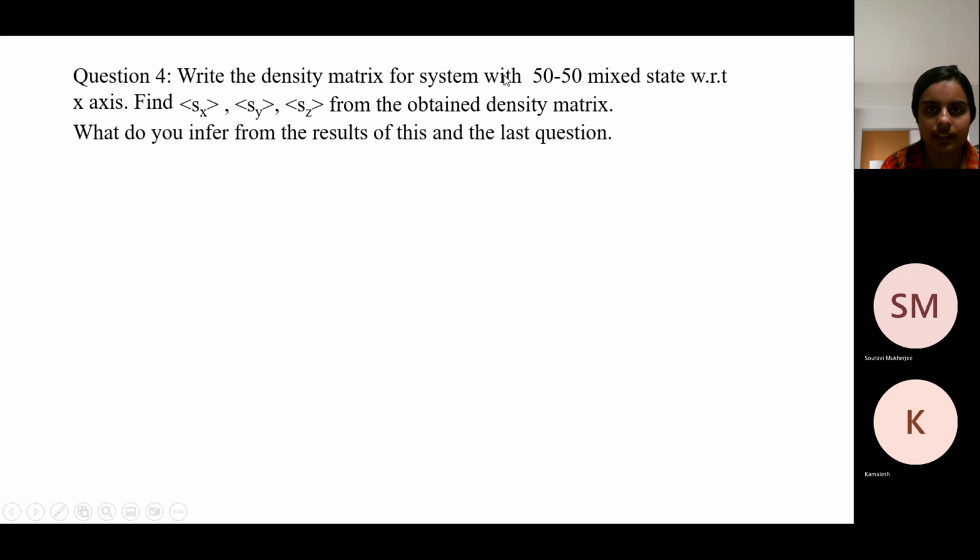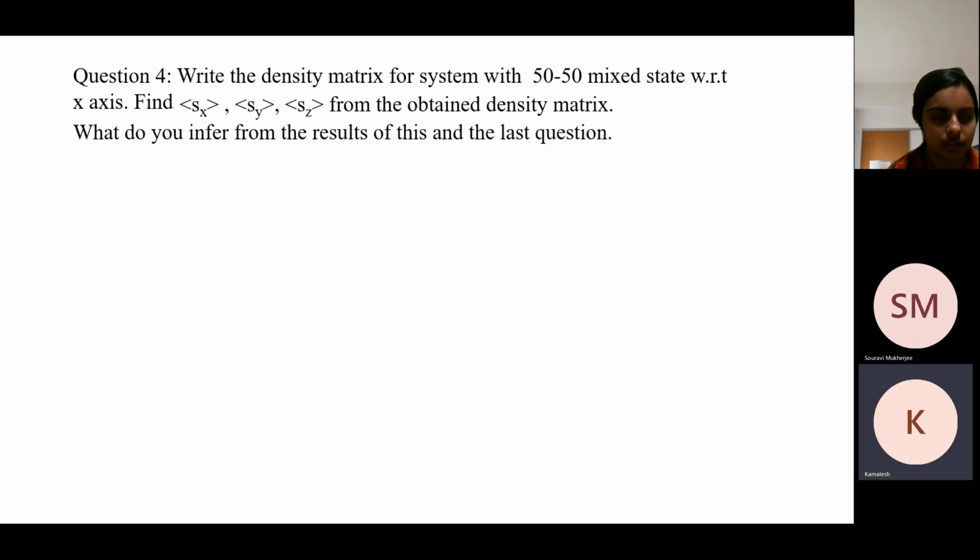So now in this question, you have your density matrix. Here, the system is defined as a 50-50 mixed state with respect to the x-axis. So how will you write your density matrix now? What will be your density matrix? Before finding the density matrix, you have to find the basis vectors.